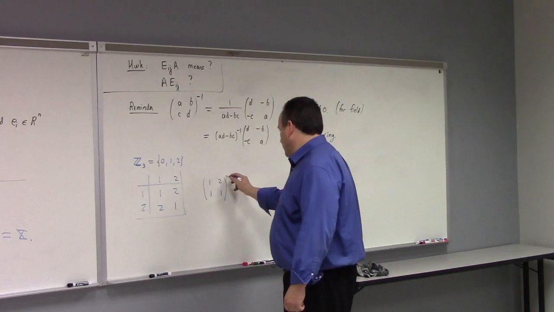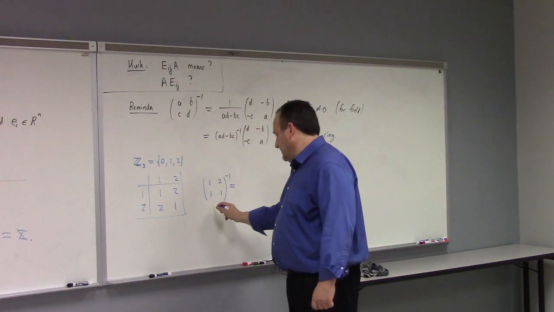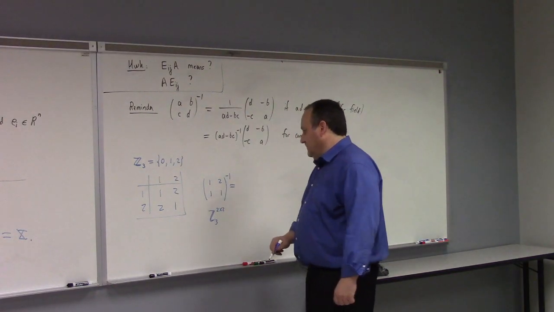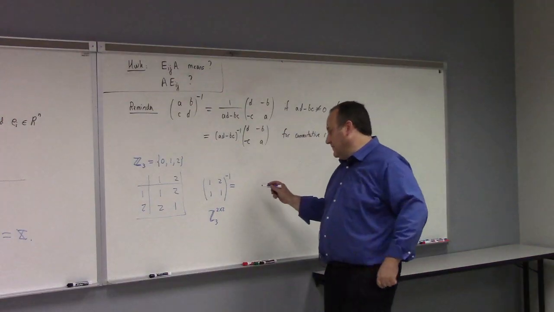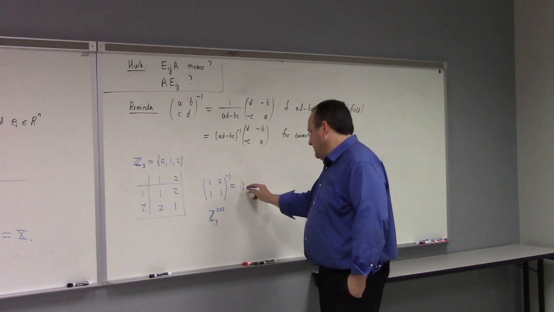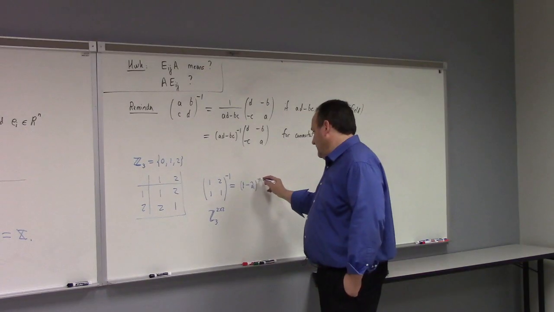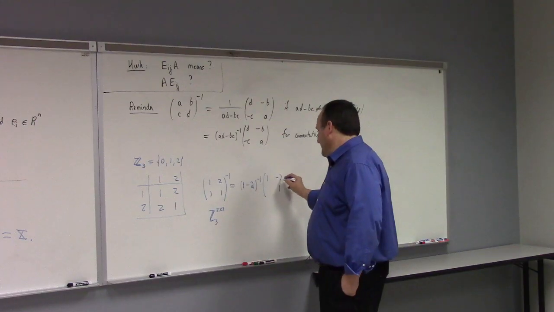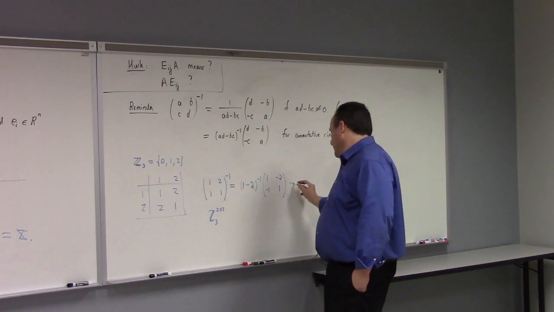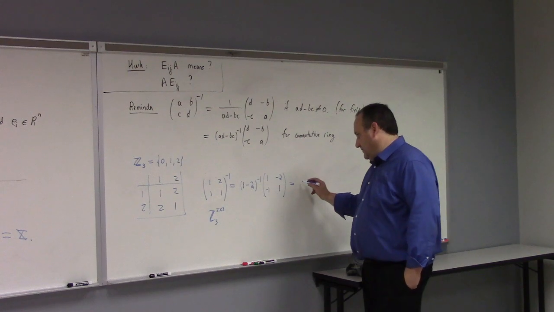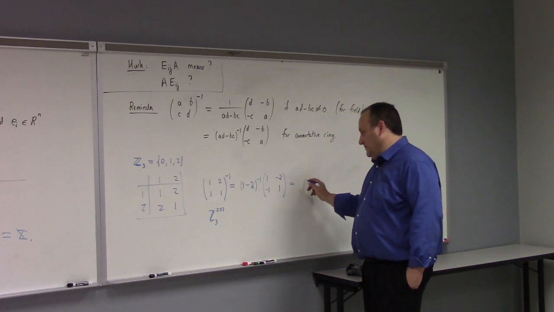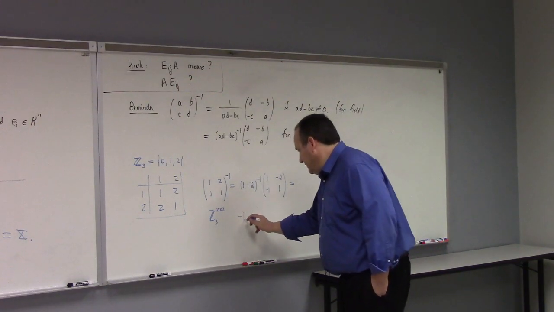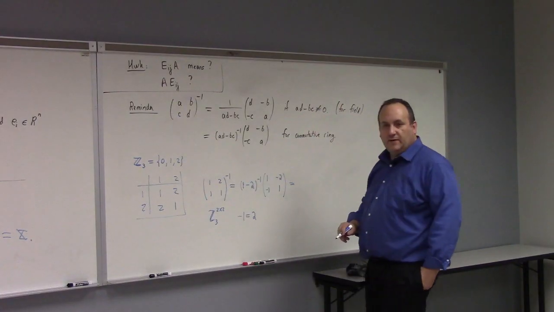So if I have, for instance, the matrix 1, 2, 1, 1 in the Z3 2 by 2 matrices, and I try to invert this, the way it would work is (1 minus 2) inverse. I flip the diagonals, which is a non-event here, and my minus is on the off diagonals. So what I have is minus 1, which is equal to 2 mod 3.